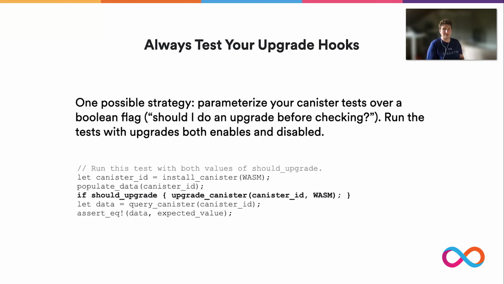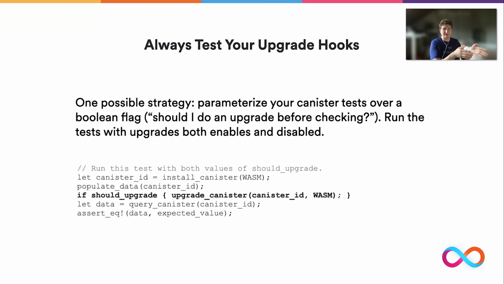We just have our own testing infrastructure written in Rust. The idea is that typically tests have some setup, then they do some action, and then they verify that the state of the system is the expected one. So what you do is you conditionally do an upgrade right before the last step. And then you run all your tests twice.